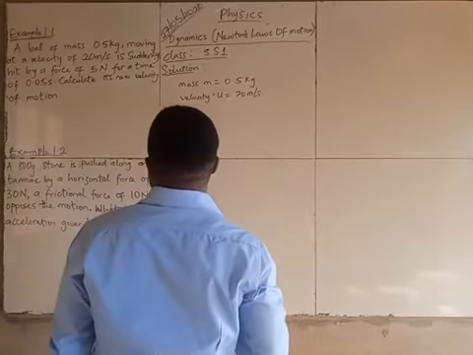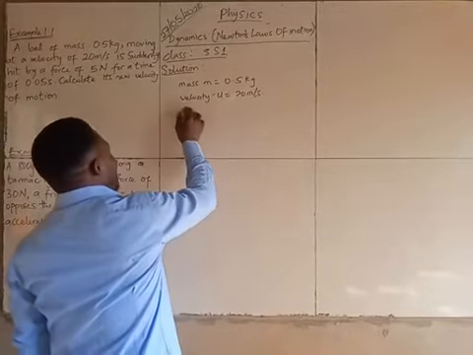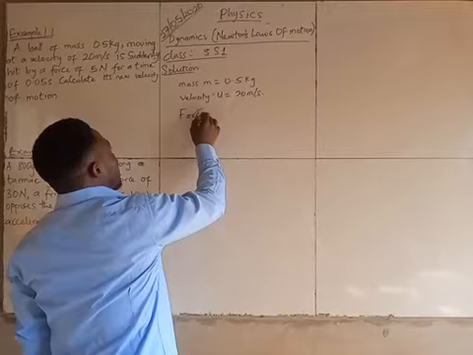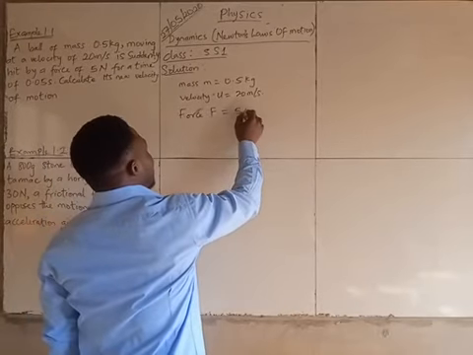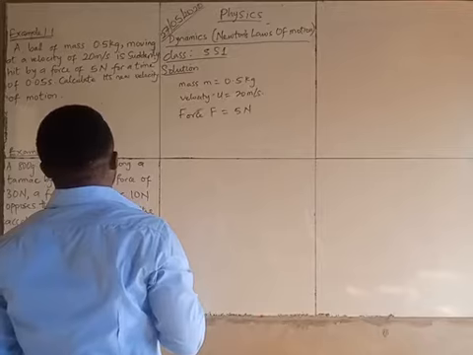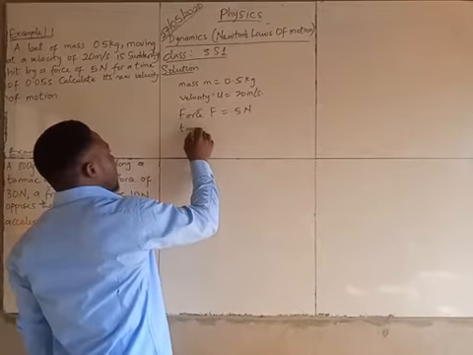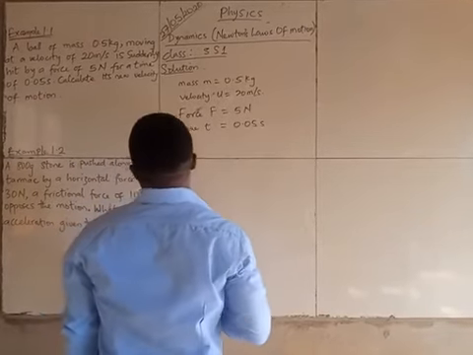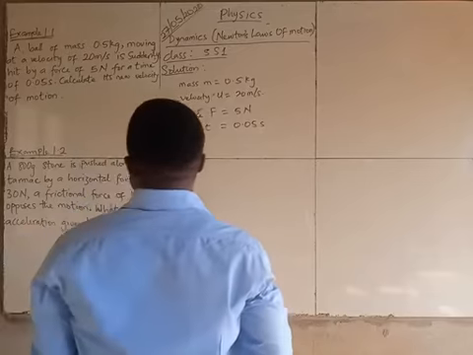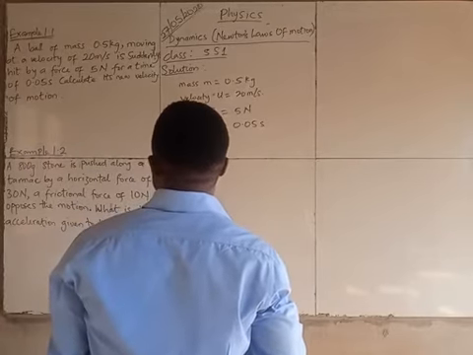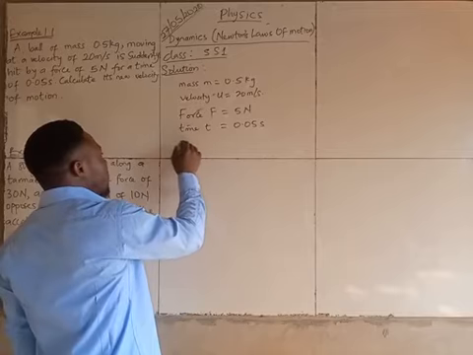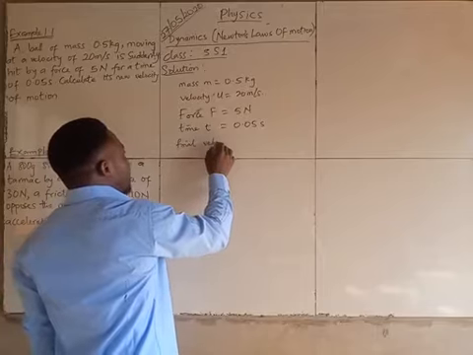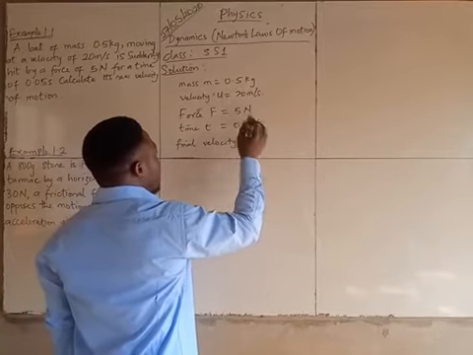We're given the force that this body was suddenly hit by, a force F of 5 Newton, for a time t of 0.05 seconds, and this force brings this body to its final velocity, which is the new velocity we have to look for. Final velocity V is unknown.